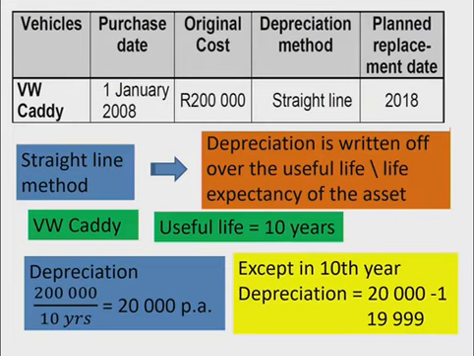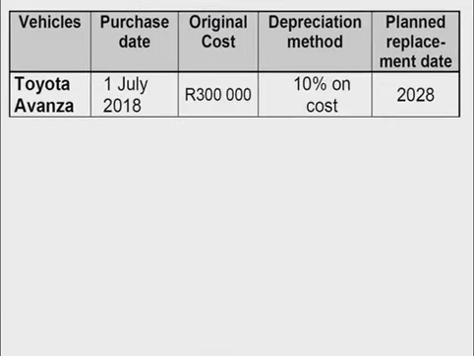Okay, so let's have a look at the second vehicle that we have. It's a Toyota Avanza. The cost price is 300,000. And in this case, the depreciation method is 10% per annum on the cost. Okay? So what does the cost price method mean?